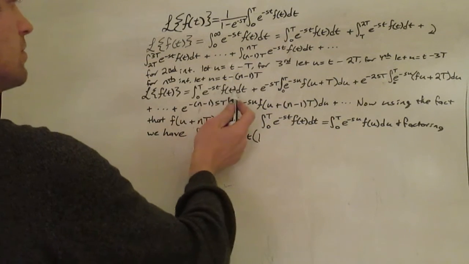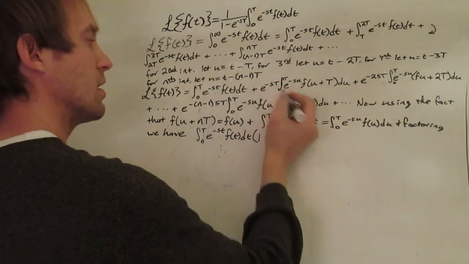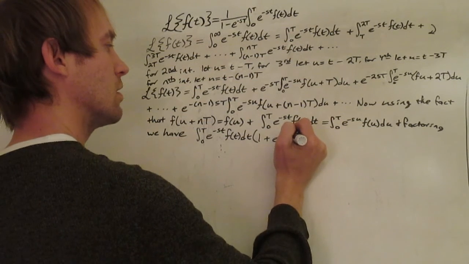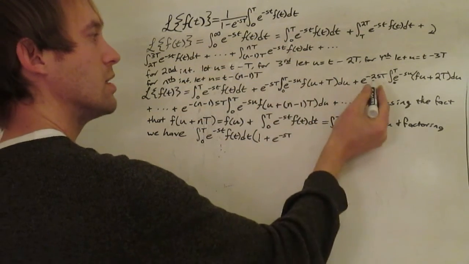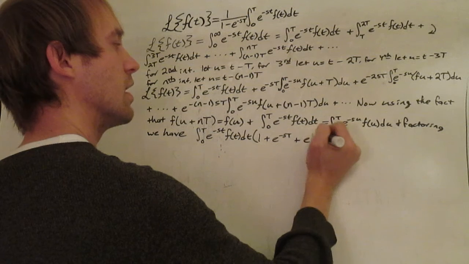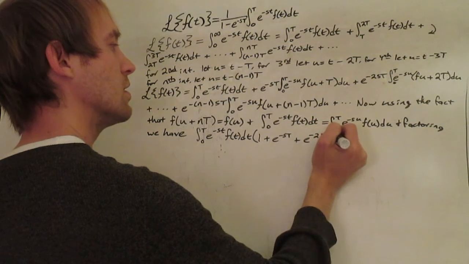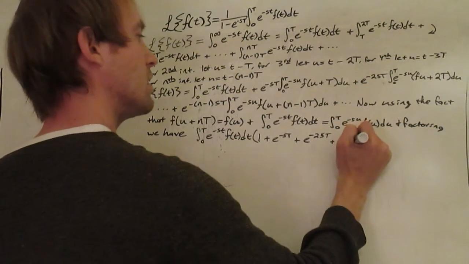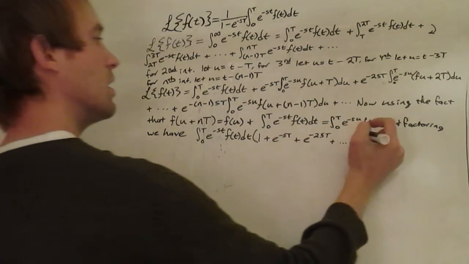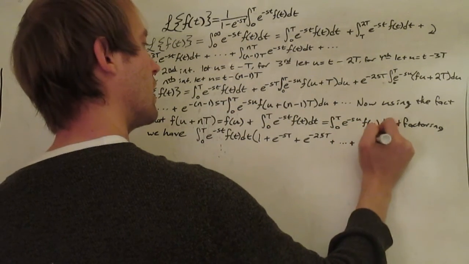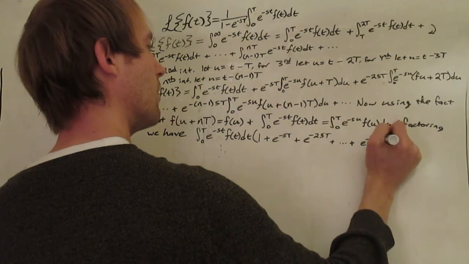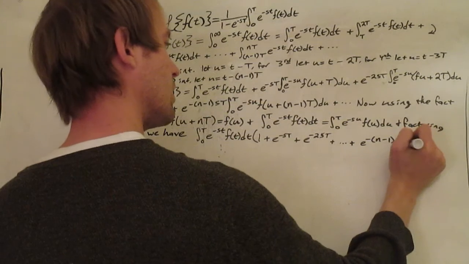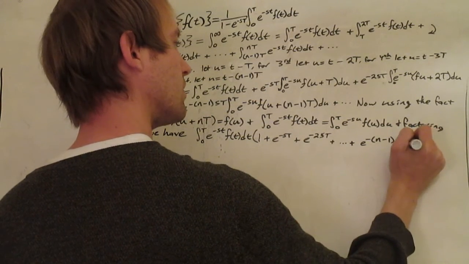If you go back, the first one is just itself, plus e to the negative sT, capital T, plus e to the negative 2 sT, plus dot dot dot, plus e to the negative n minus 1 s capital T, plus dot dot dot.